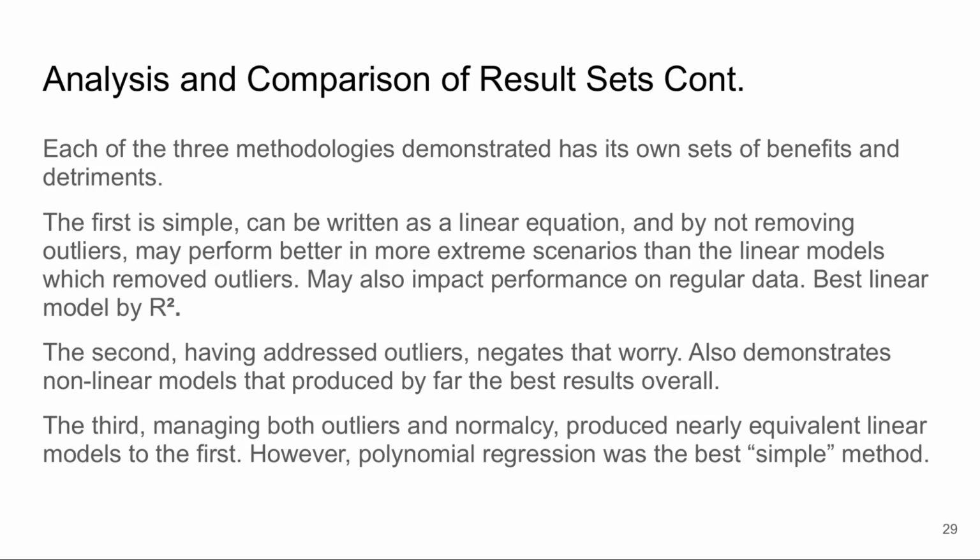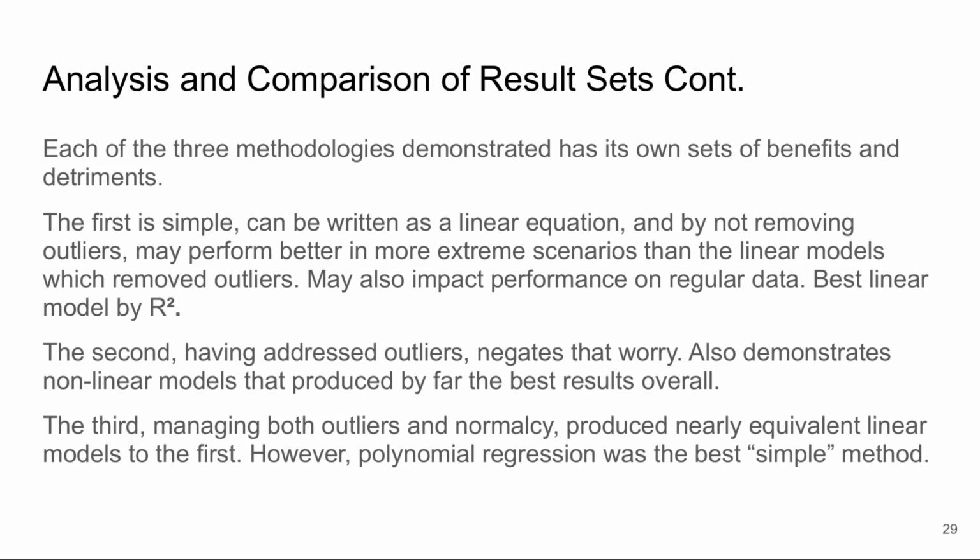And by not removing the outliers, it may perform better in some of the more extreme scenarios compared to the linear models which did remove outliers. Also, it may have an impact on the performance when it comes to a regular data set. And we find that this methodology has the best linear model in terms of R-square.